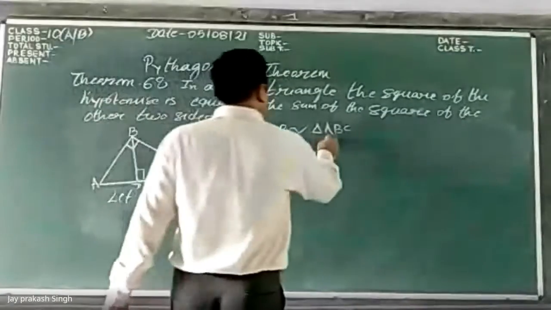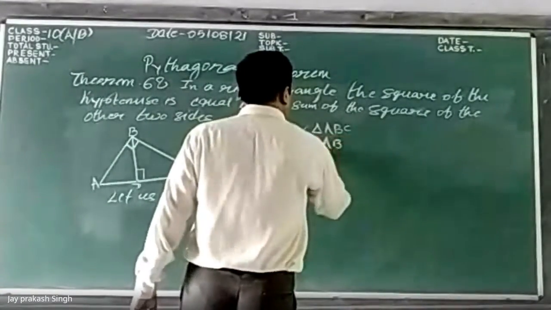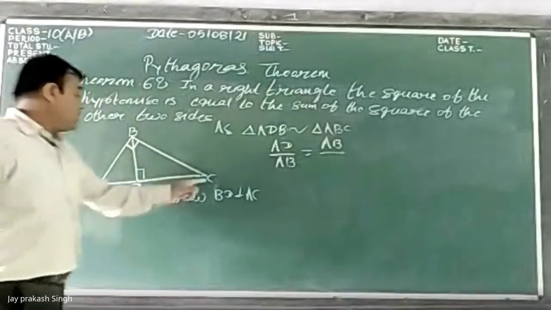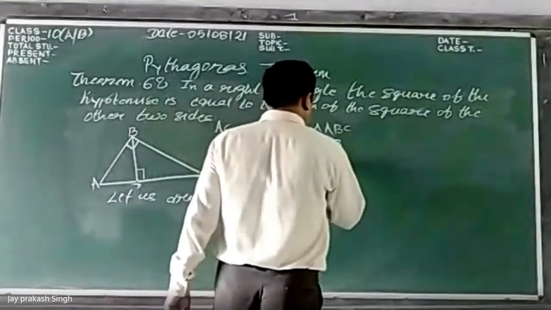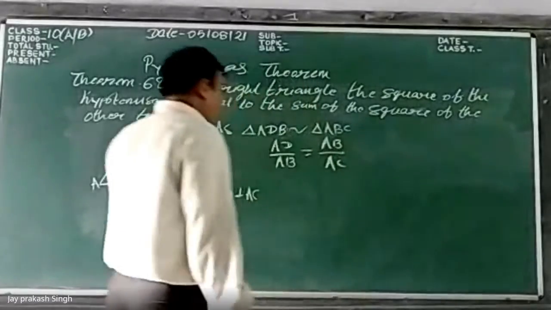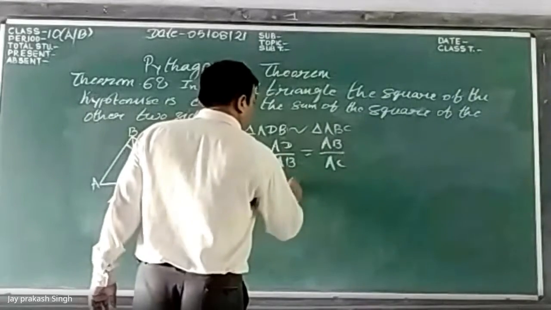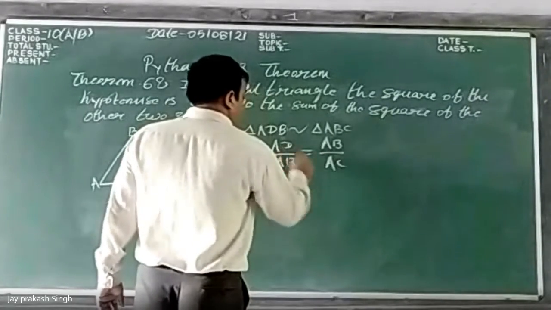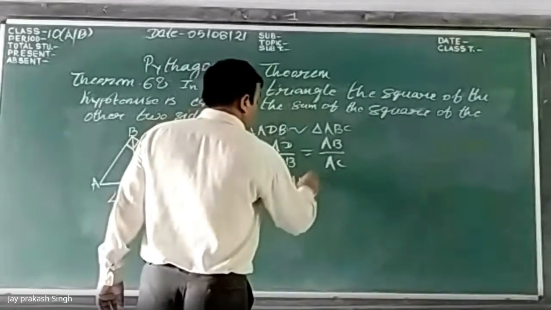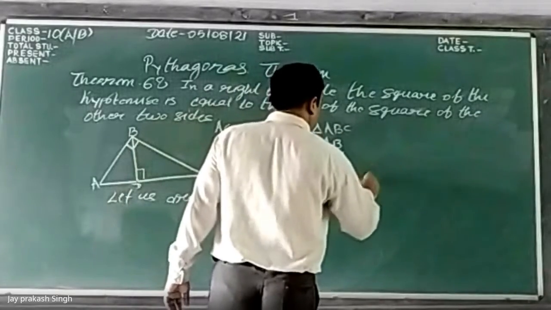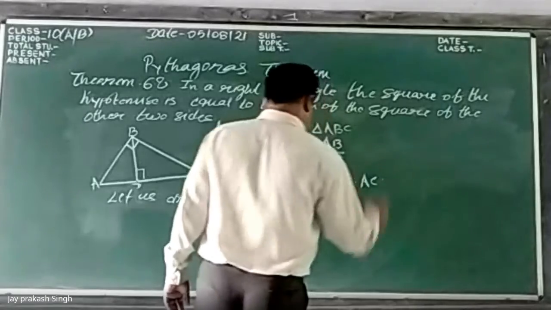So we have taken hypotenuse AB. Then we have to put the hypotenuse of ABC, so AC is the hypotenuse. So we can write that AB square equals AD dot AC. Right?